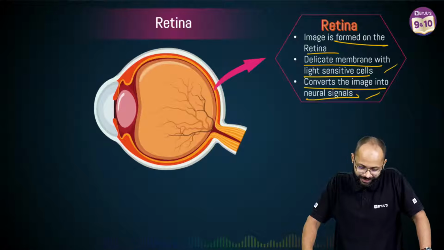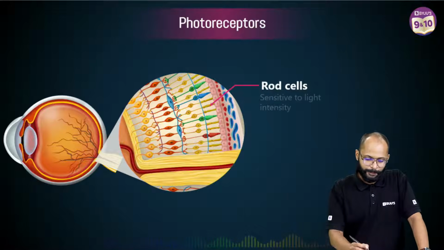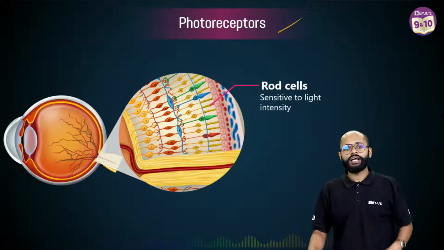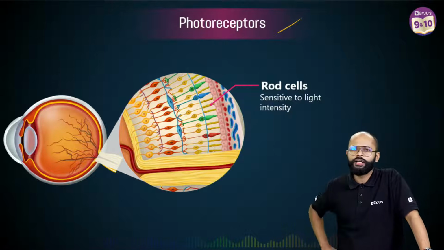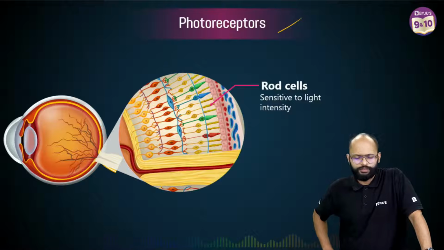So photoreceptors, what are these? Rod cells and cone cells. We have two types of cells in the retina. Rod cells, which one is it?